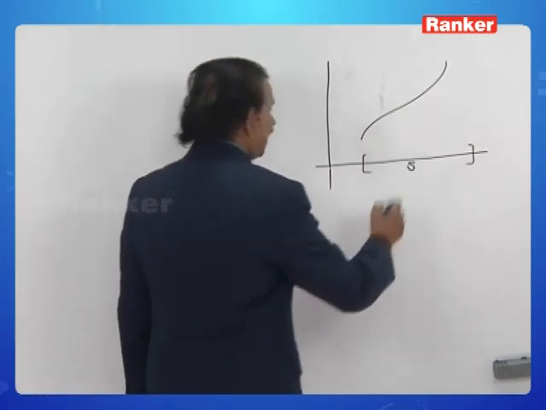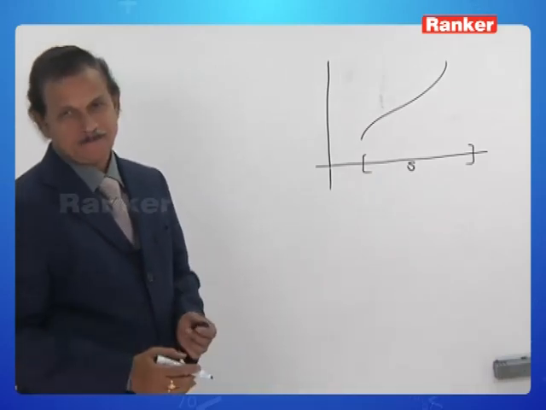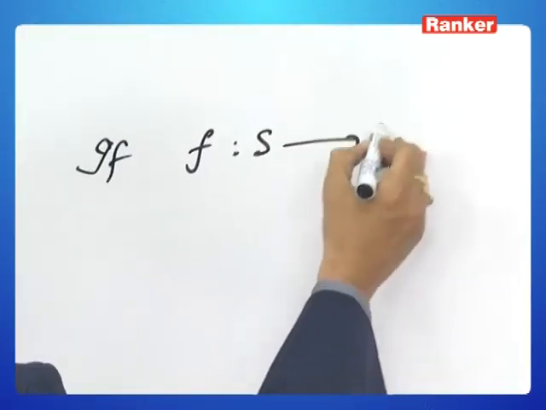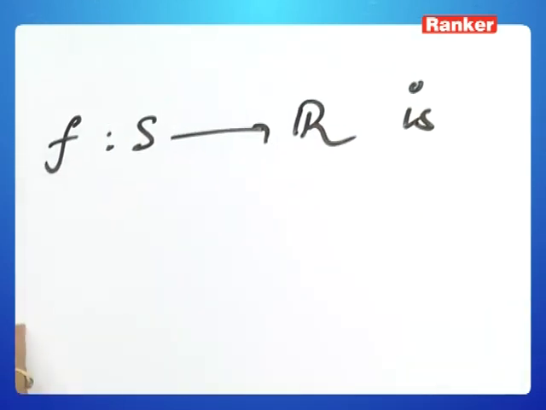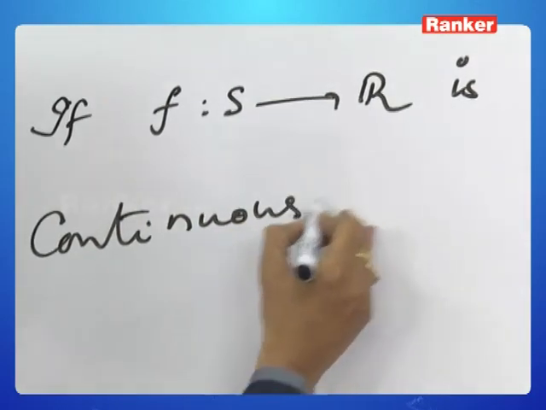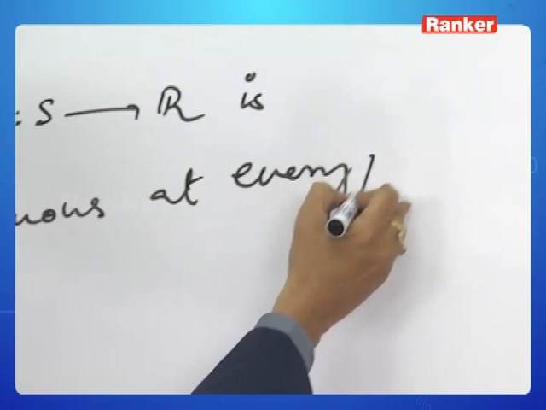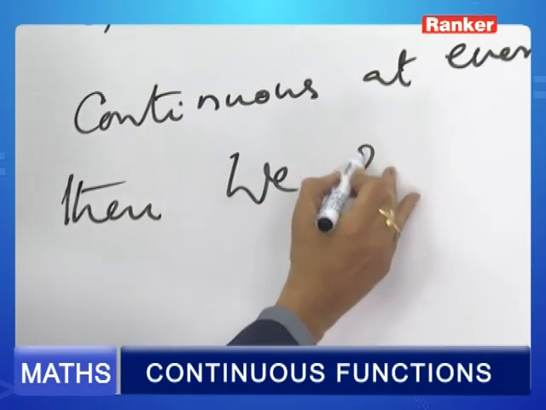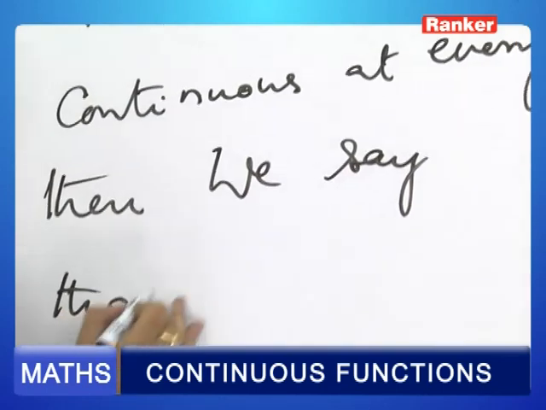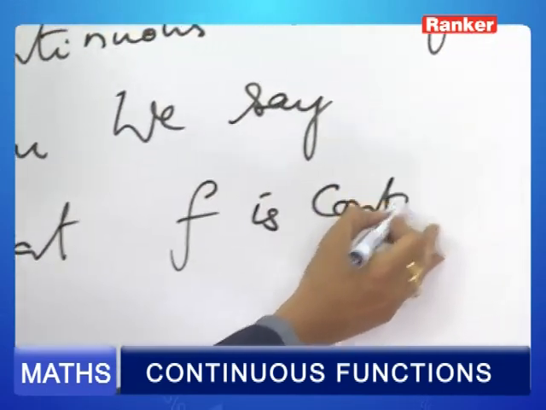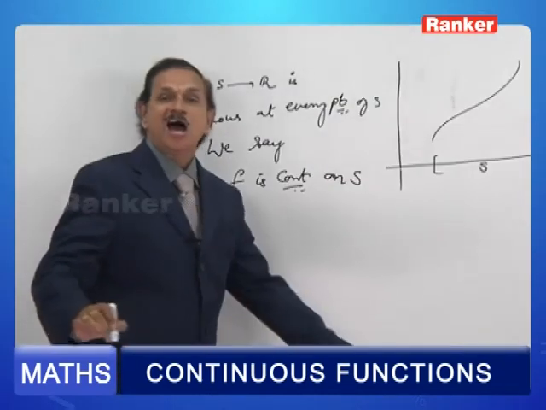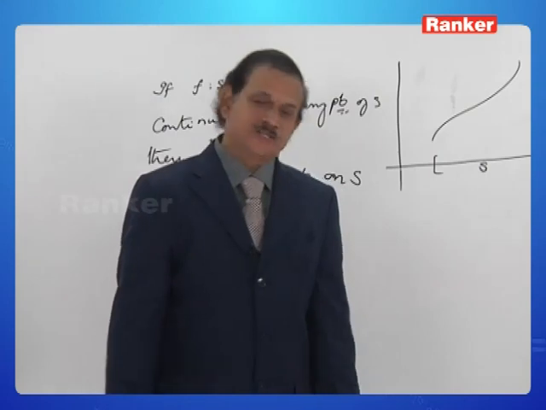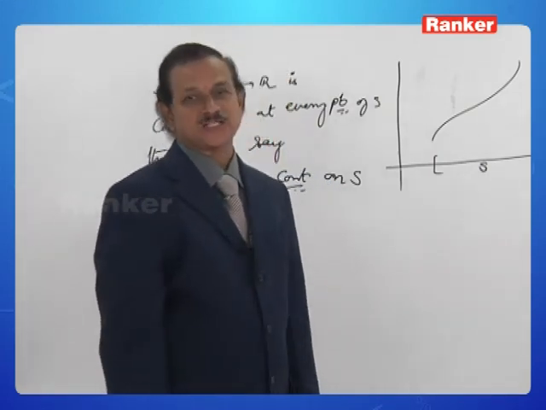If this is the domain S, f is continuous on S. That is, if f from S to R is continuous at every point of S, then we say that f is continuous on S, or simply f is everywhere continuous on S. There is nothing wrong in saying that.